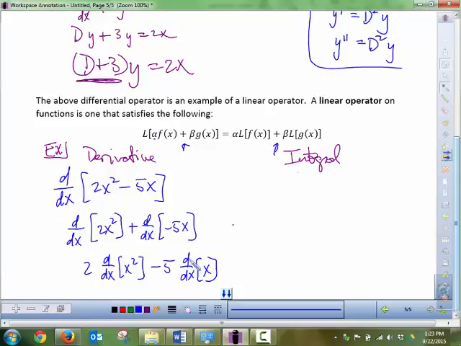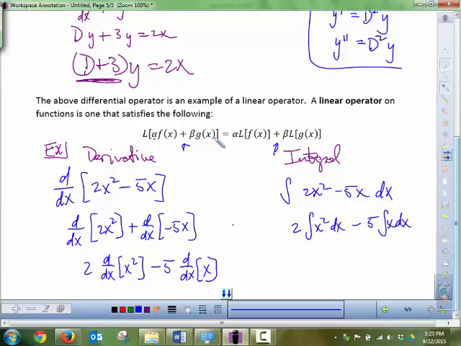Integral is the same thing. By splitting your integral up the way you're used to and taking the constant out, you're essentially saying that I'm using these properties because integration is a linear operation.